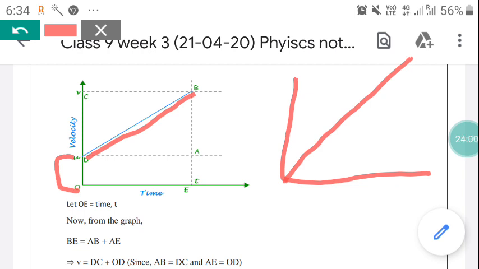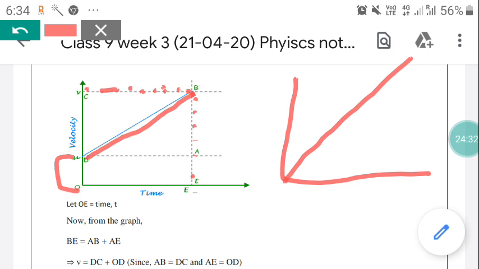So the object travels with velocity v after point U. Again we take the concept of slope. This is point B. I draw a line parallel to the x-axis, which is time, and a line parallel to the y-axis, which is velocity.